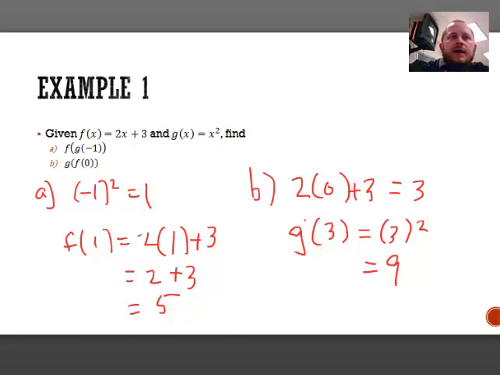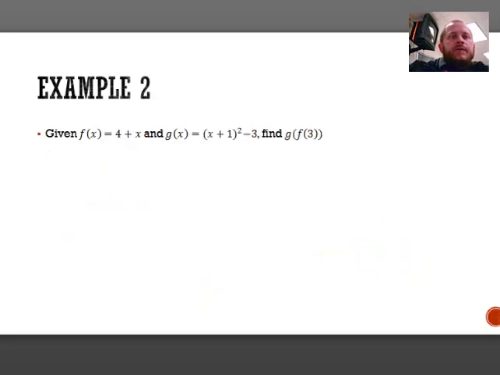Now let's look at example 2. Example 2 is giving it to us a little differently. Now it's just giving us one thing to evaluate. So f of x is first. Actually, we're going to change that.